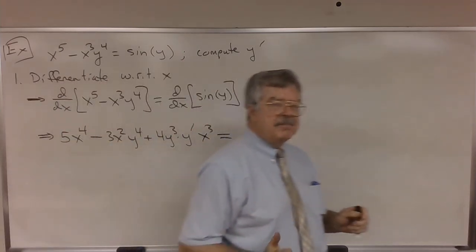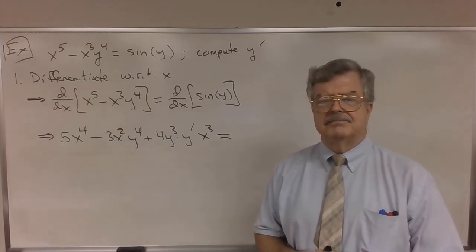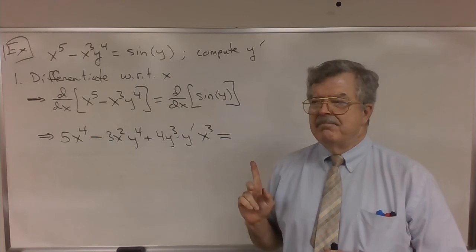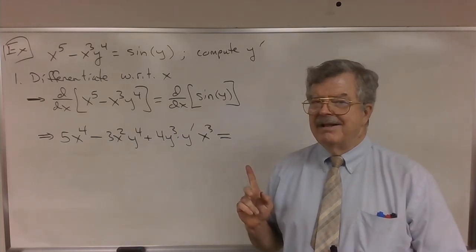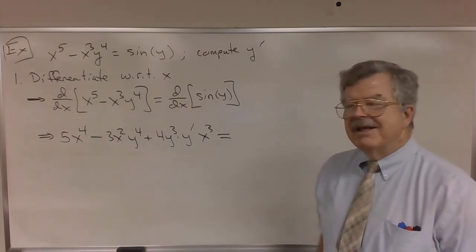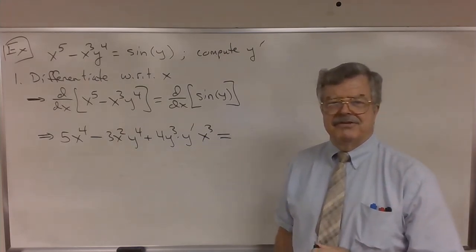And I feel pretty good about myself because I remembered to do the product rule. But I'm this far from stepping on a landmine. There's something here I have to take care of. Do you see what it is?